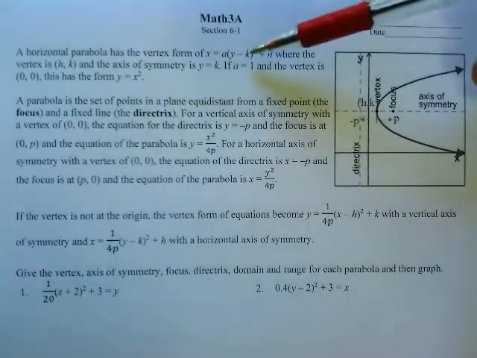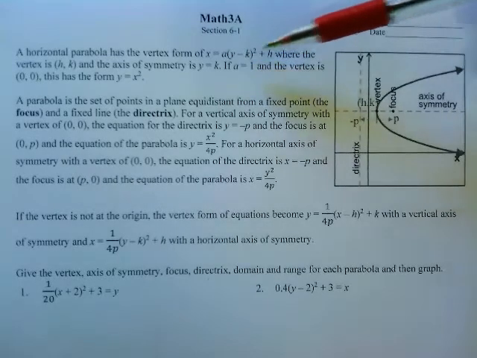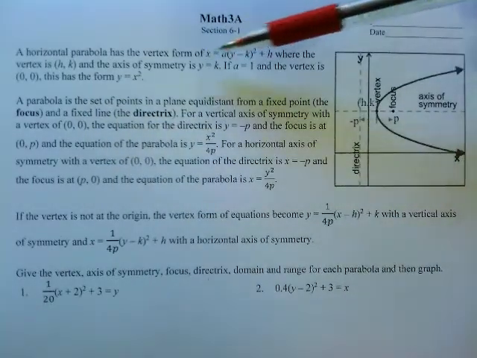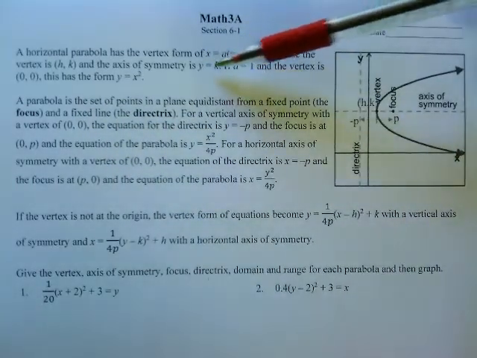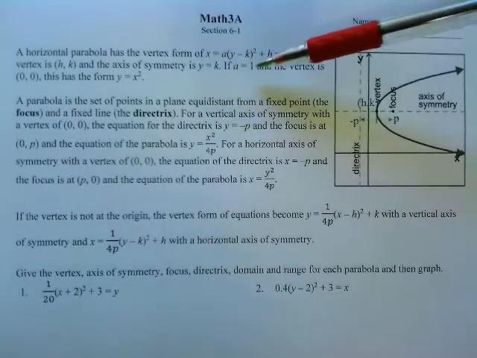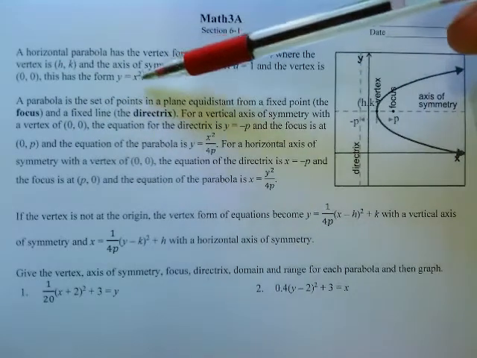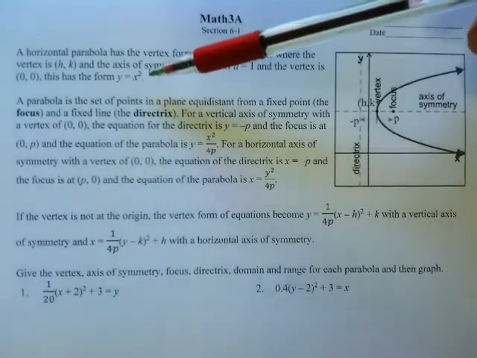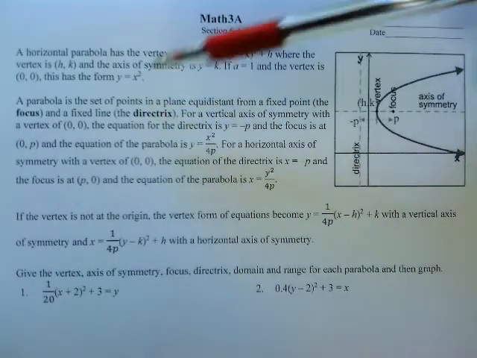It's just that now the k part is the one that will have the opposite sign, whereas the h part will have the same sign. The axis of symmetry we get from what's inside the parentheses, so y equals k. If a equals 1 and it's at the origin, this one has the form x equals y squared. So basically it opens left or right instead of up or down.